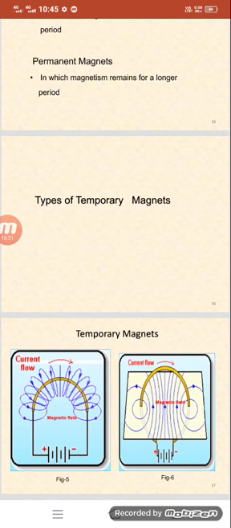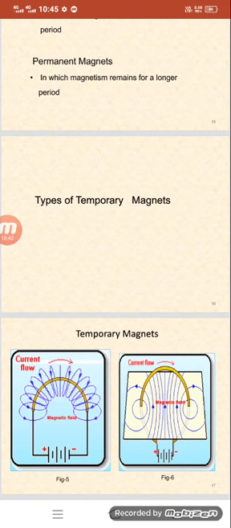After giving electricity to that conductor, we create a magnetic field surrounding the conductor. That magnetic field produces magnetic poles on the ends of the conductor, and now the conductor acts as one magnet.